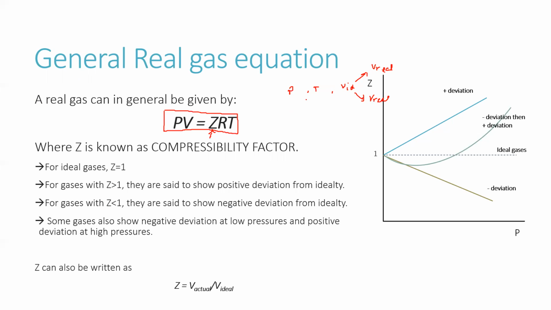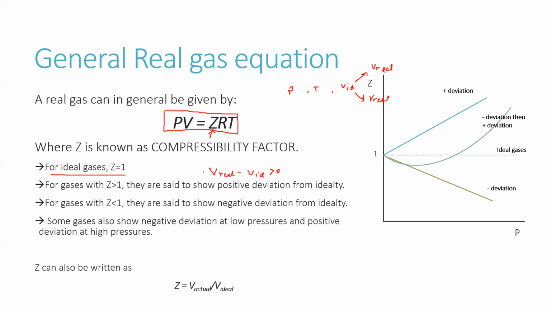If it is greater than the ideal volume, then the compressibility factor is going to be greater than 1. If it is lesser than the ideal volume, then the compressibility factor is going to be less than 1. Okay, so Z is the compressibility factor. For ideal gases, Z is equal to 1. For gases with Z greater than 1, they are said to show positive deviation from ideality. So in this case, V real minus V ideal is greater than 0.